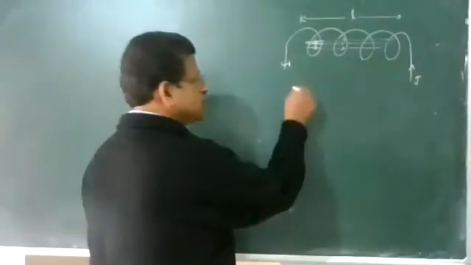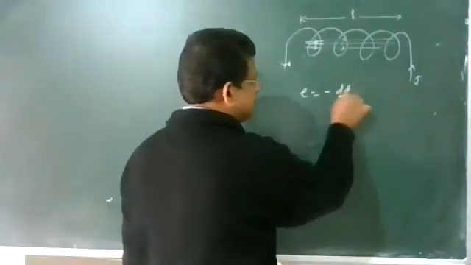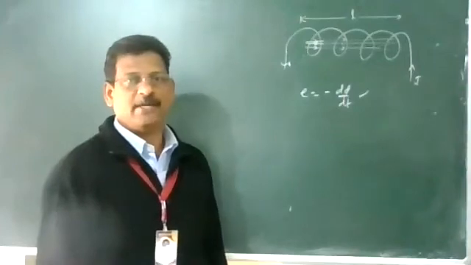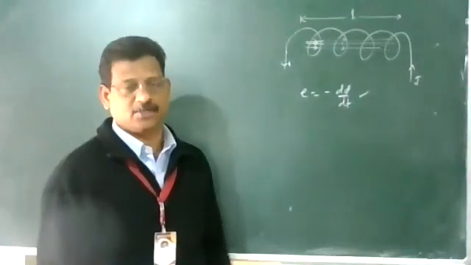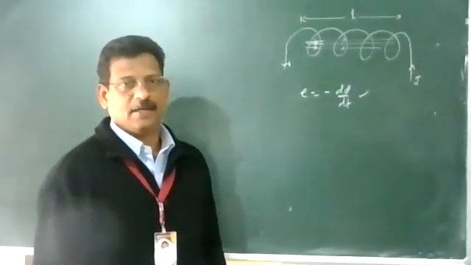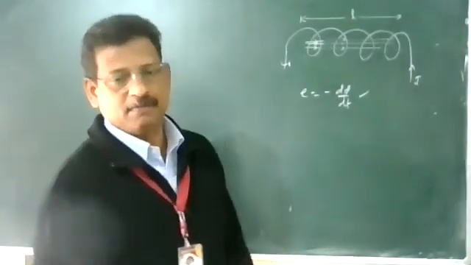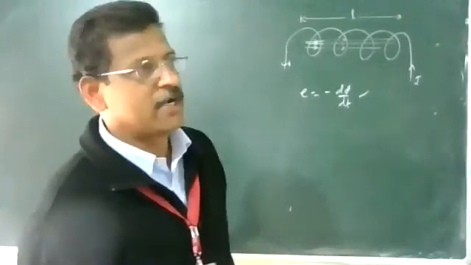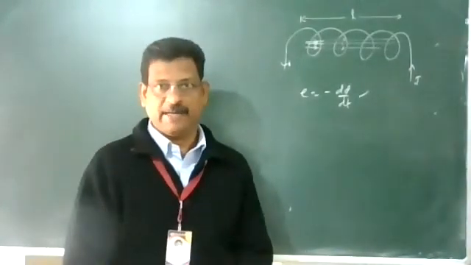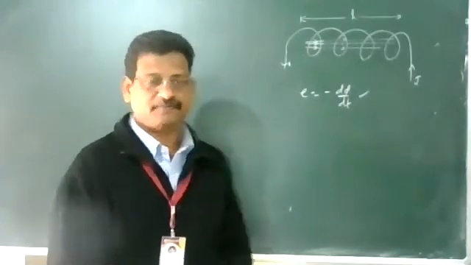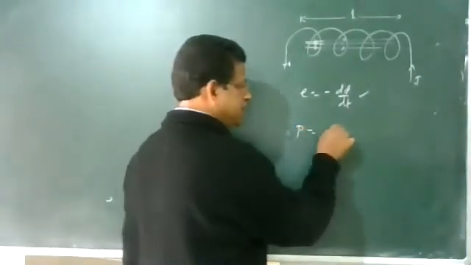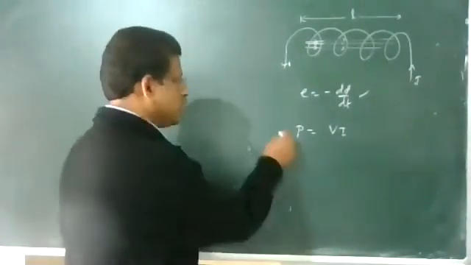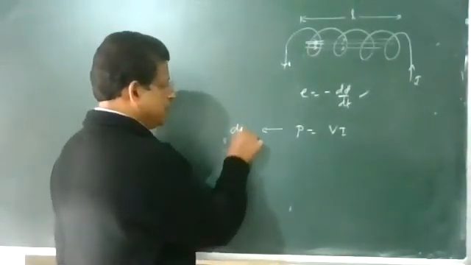So the EMF induced is equal to minus d phi by dt. So there will be an EMF induced and hence there will be current. So what will be the power delivered? Work done in unit time to maintain the current. You know the equation P equals V I. This is work done in unit time, dW by dt.